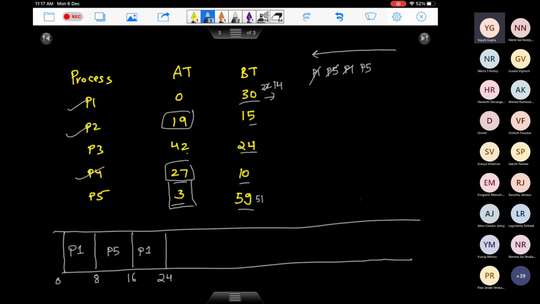All right. So when this P1 was executing, P2 comes at time 19. So at the 19th time unit, P2 had come, and at 24, P1 finished its burst. So it will come here after P2. What I'm going to execute next is P5, 51 minus 8, 43.